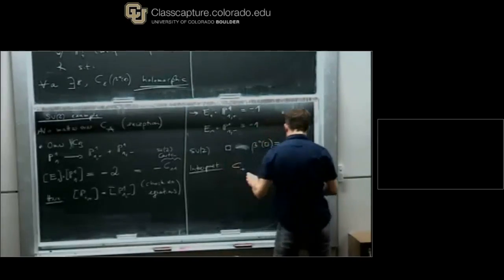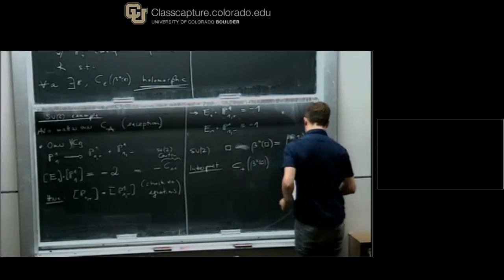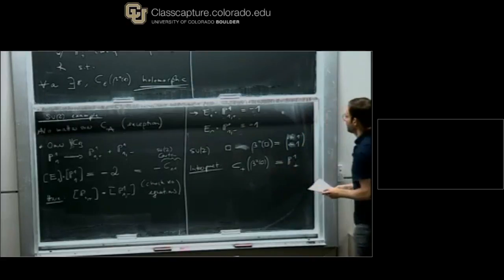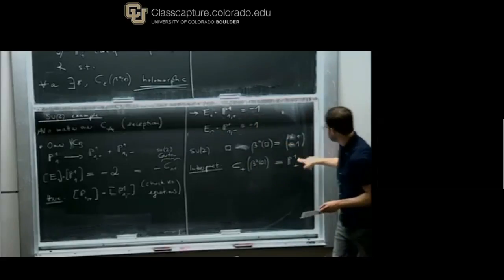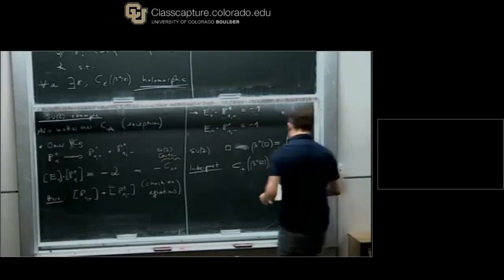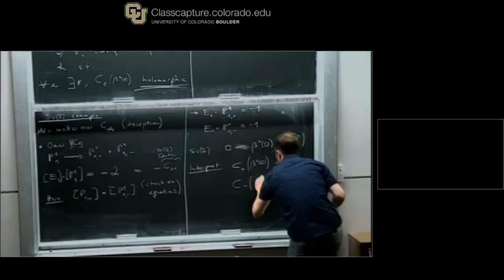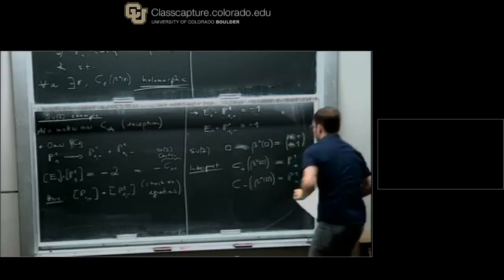So C plus beta 2 delta is P1 plus, so beta 2 is this one here. So this -1 is precisely that intersection number. It comes with a plus. And C minus beta 1 delta equals P1 minus.